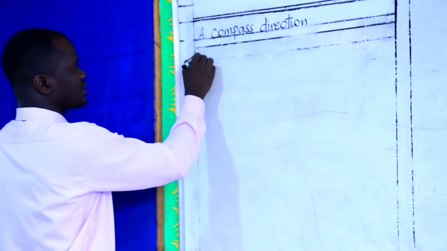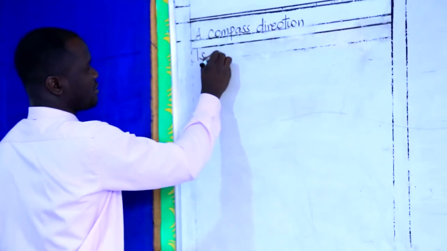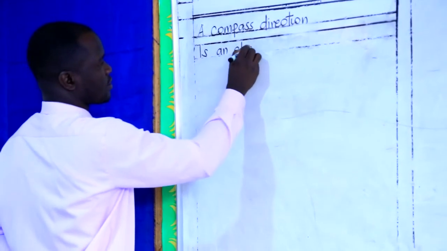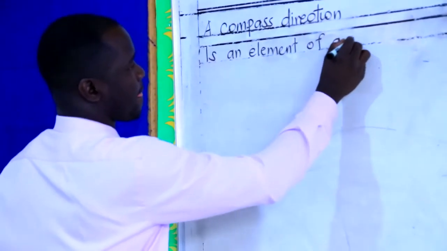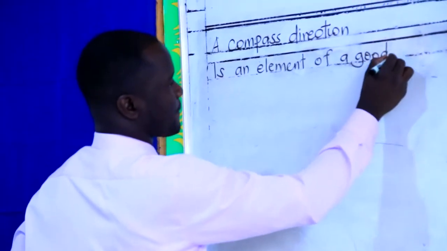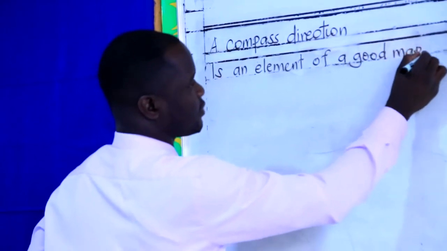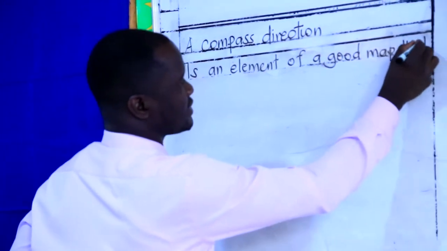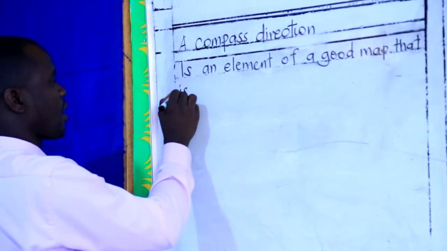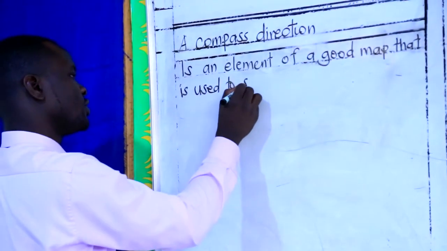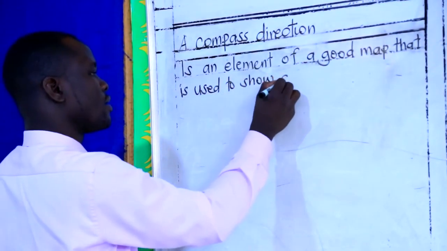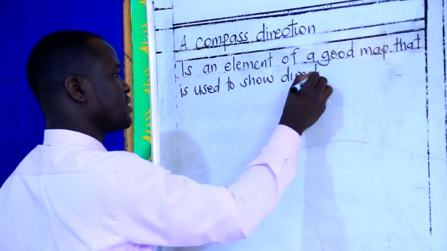A compass direction, we are saying this is an element of a good map. It is an element of a good map that is used to show directions of places.